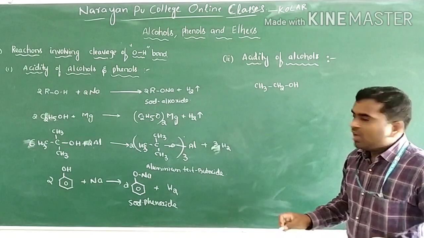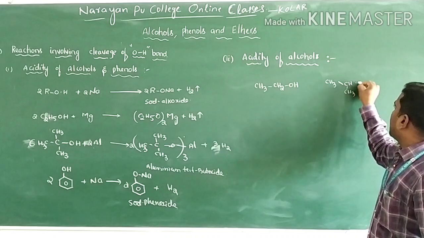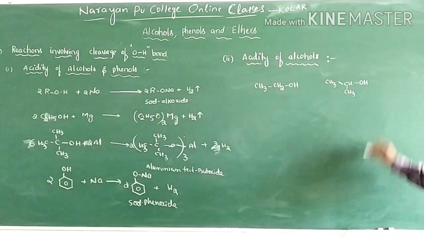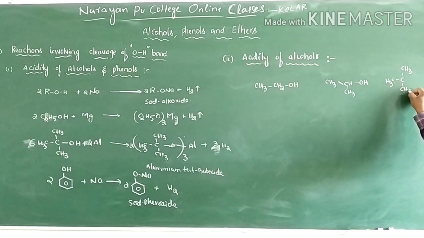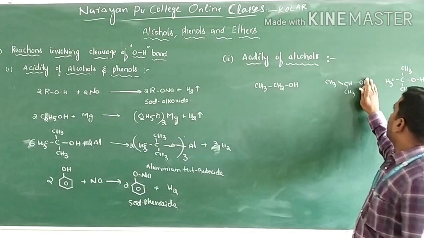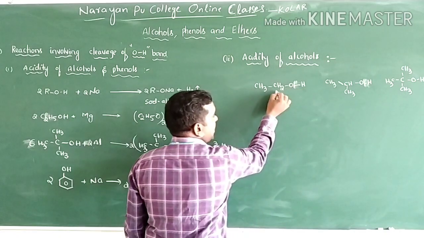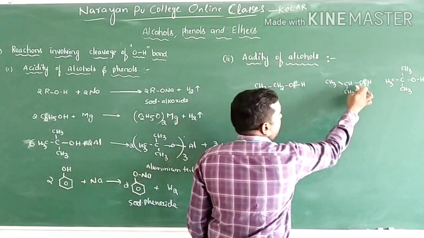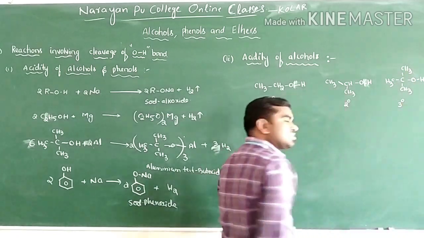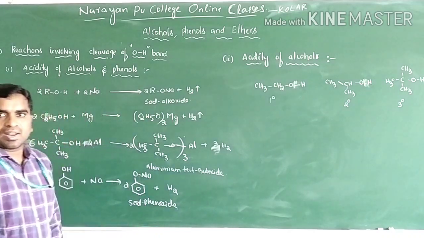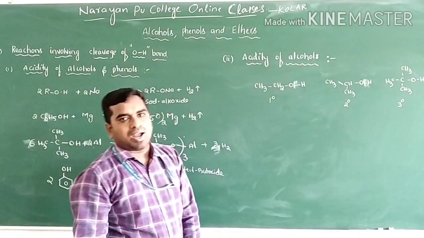Secondary alcohol: (CH3)2CHOH. And the last one, the tertiary alcohol: (CH3)3COH. If OH is attached to a CH2 group, it is primary. If OH is attached to a CH group, it is secondary. If OH is attached to a carbon not having any hydrogen, it is tertiary. Okay? Now, in this case, you have to identify which alcohol is more acidic.